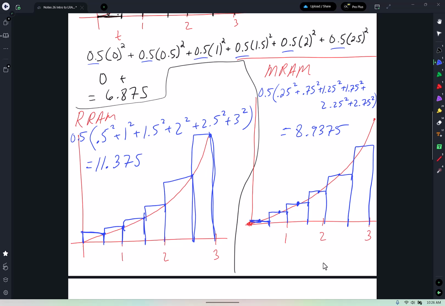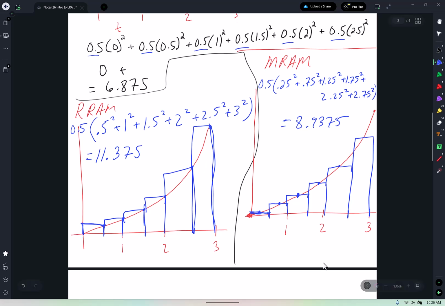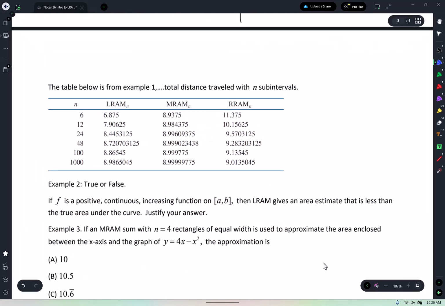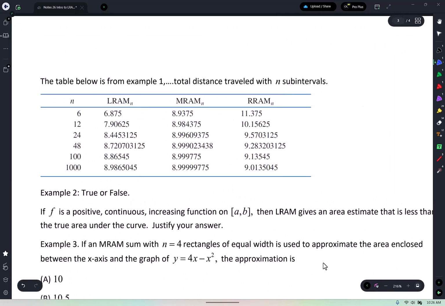Go to the curve. Boom. This delta x, this delta x, this delta x. That's why the left starts at the left, the right starts at the right. All right, guys, focus.